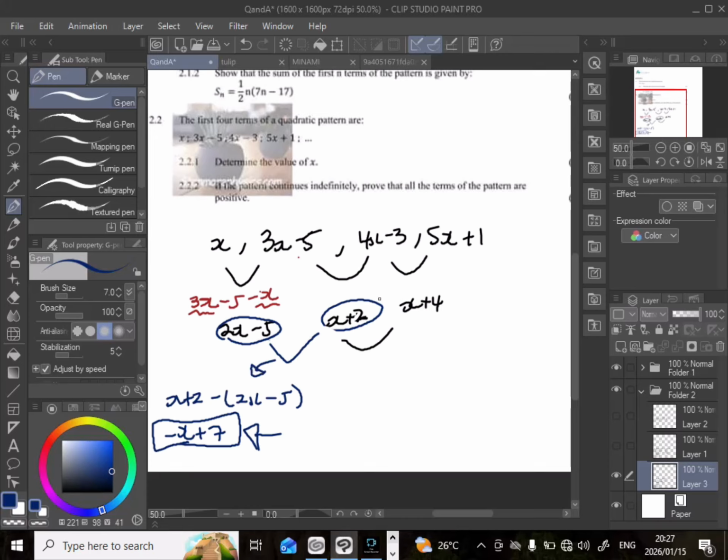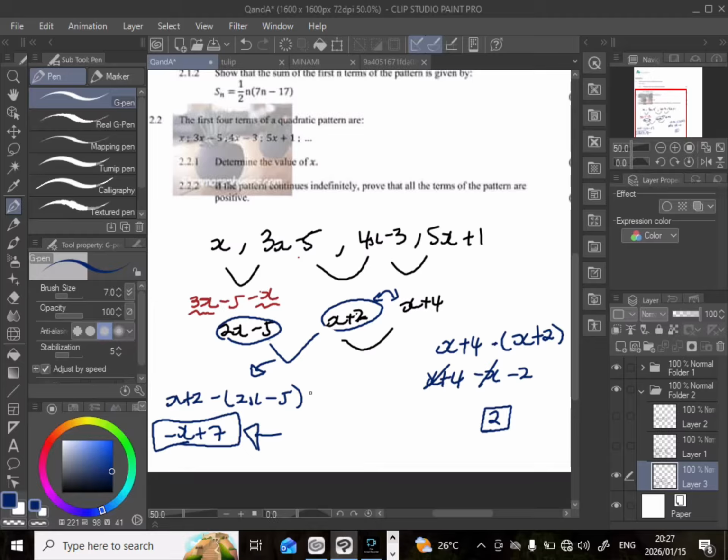Let's check the difference between these two. It's x plus 4 minus x minus 2. The x terms cancel, and the difference between these two is just 2. See what I said? So the only way we will find the constant difference is when we use the second difference.